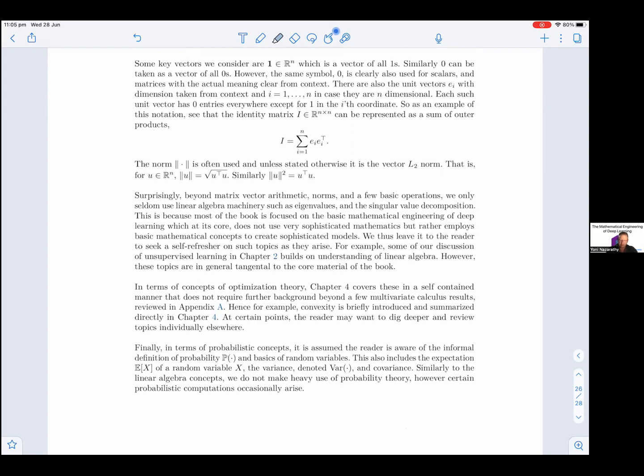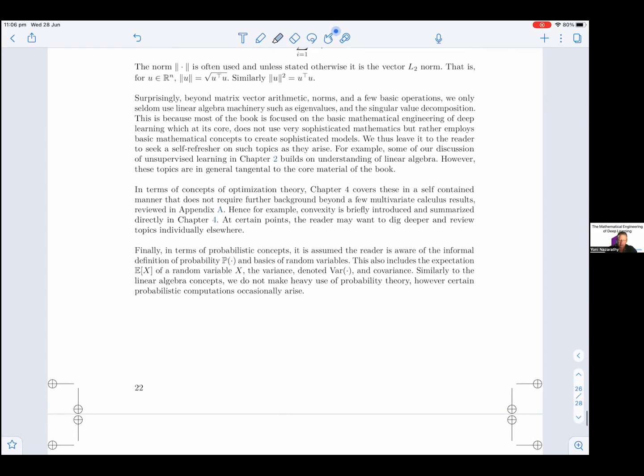Each such unit vector has 0 entries everywhere, except for 1 in the ith coordinate. As an example of this notation, see that the identity matrix, I, an element of R^(n by n), can be represented as a sum of outer products, where each outer product is the column e_i multiplied by e_i transposed. That's the identity matrix.